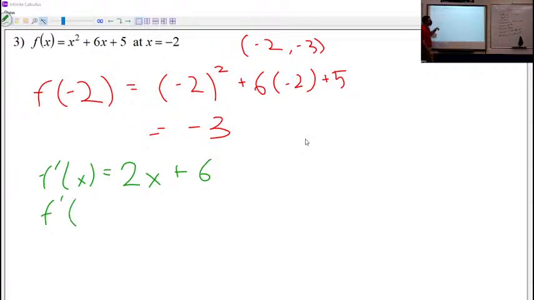So we want to take f prime at that point. Plug in negative 2: 2 times negative 2, plus 6. It's number 3. You can tell by how it says number 3 up here.